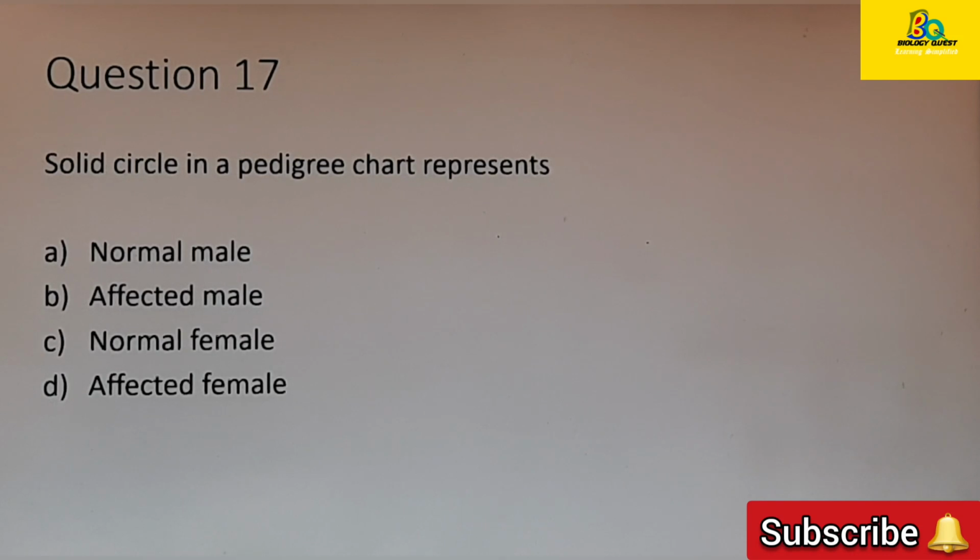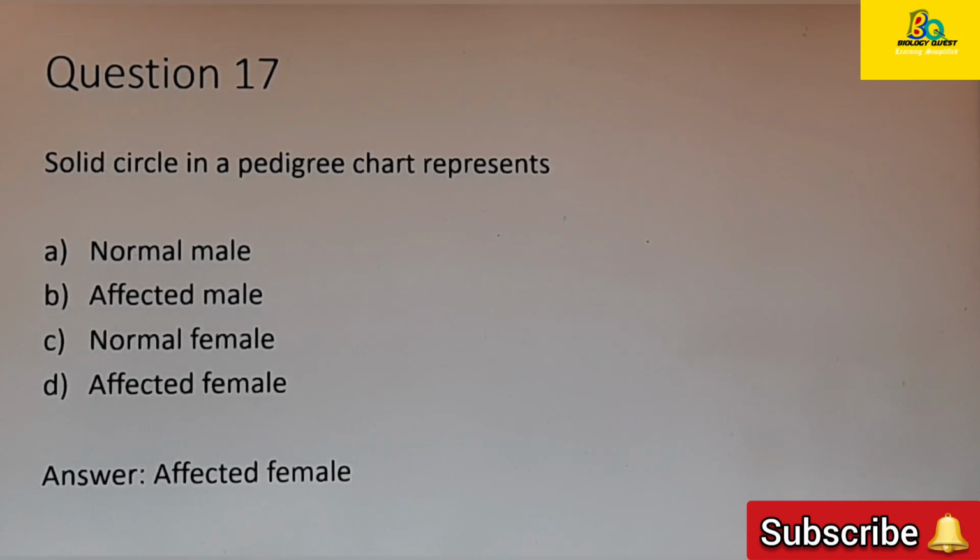An affected female will be represented by a solid circle in a pedigree chart, whereas a hollow circle represents a normal female. If a woman is a tongue roller, which is a normal character, she will be shown by a hollow circle.